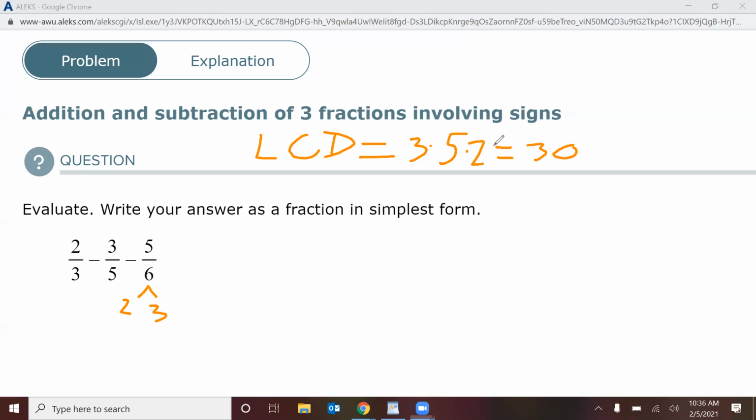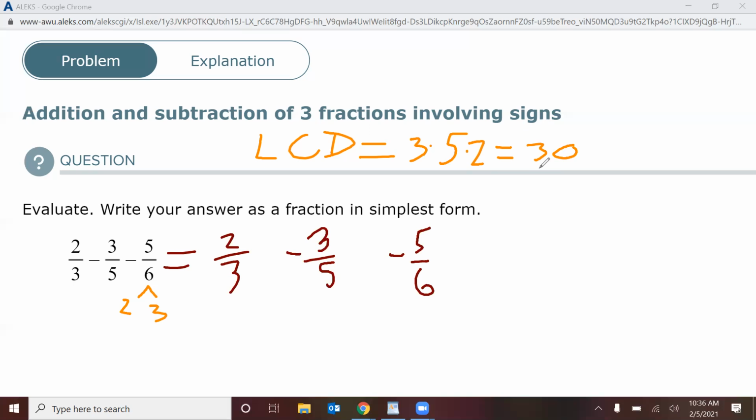So I'm ready to start getting least common denominators. So I'm going to write 2/3 and leave a space, minus 3/5 and leave a space, minus 5/6. So now I will multiply by whatever I need to each fraction so that each denominator becomes the least common denominator of 30.